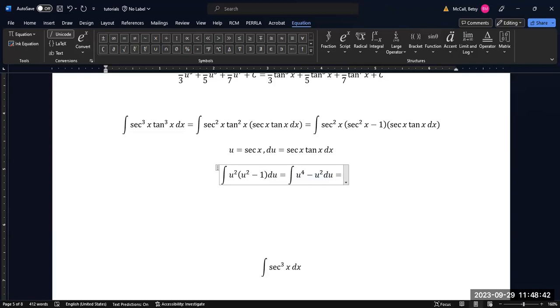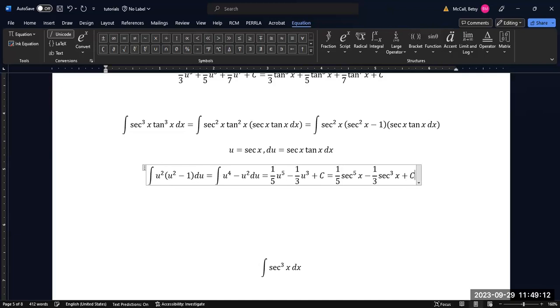And then I use my power rule to do my antiderivative. 1/5 u to the 5th minus 1/3 u cubed plus c. But of course, we're not done. We have to go back to our original variable. And so 1/5 secant to the 5th minus 1/3 secant cubed plus c.